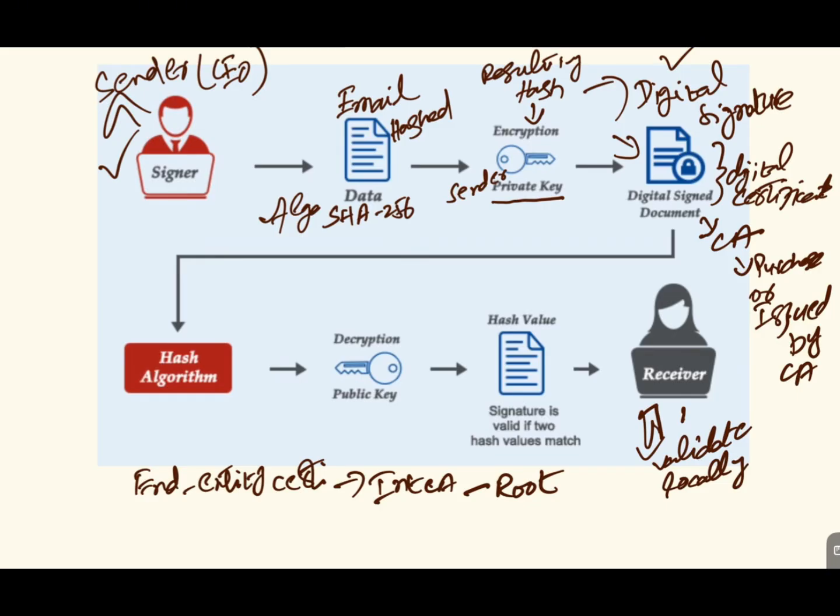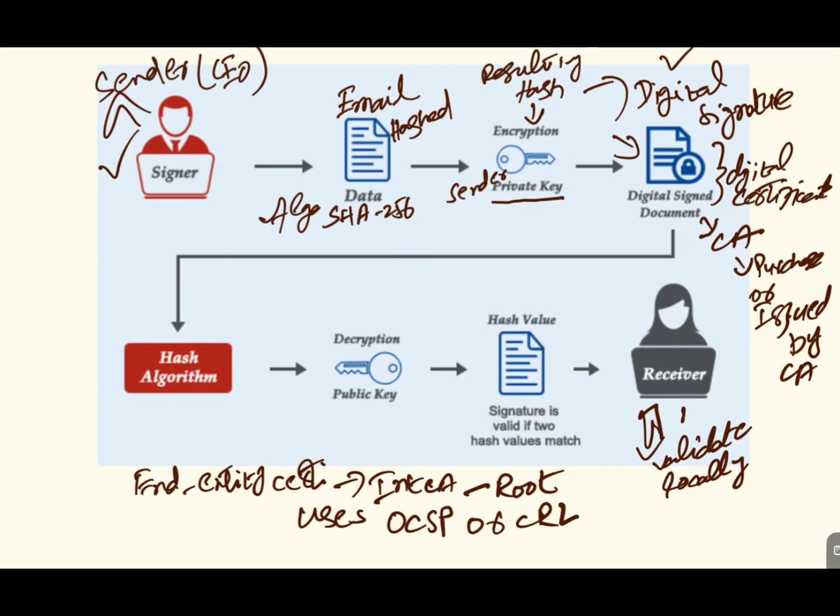So when this local check is performed, the email client then performs an online revocation check on whether this certificate is still valid. It could be done using OCSP or CRL, the certificate revocation list. So it confirms the certificate has not been revoked.